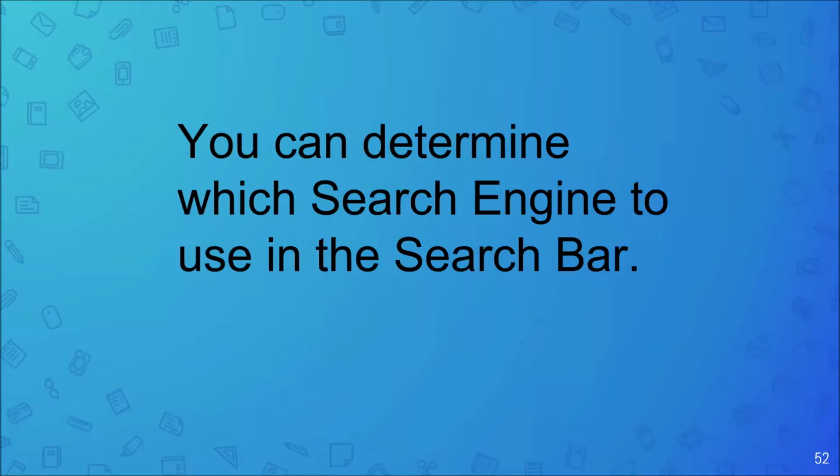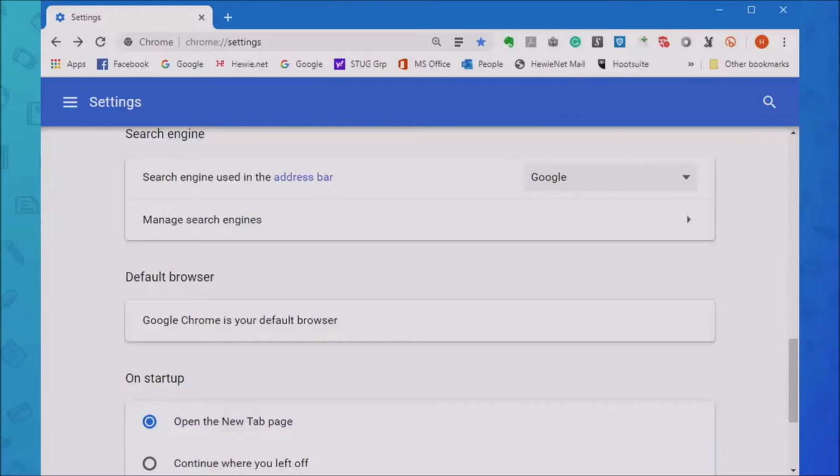You can determine which search engine to use in the search bar in your settings. So here in Chrome is a search engine, so I don't have to use Google as my search engine if I don't want to.